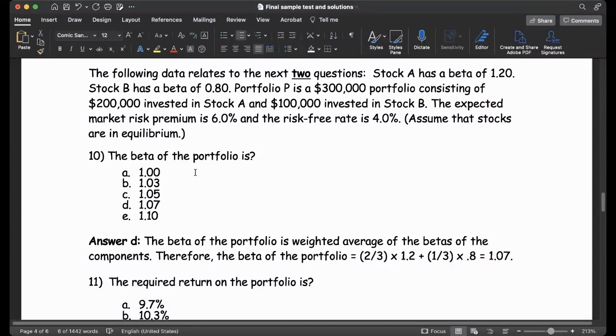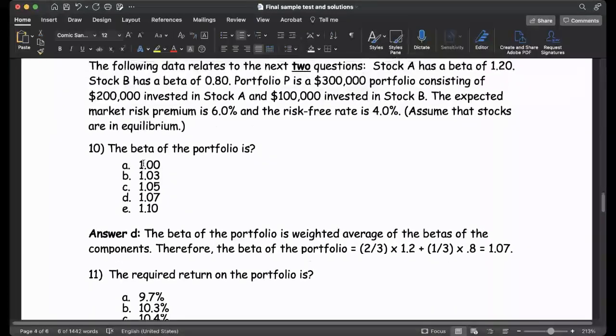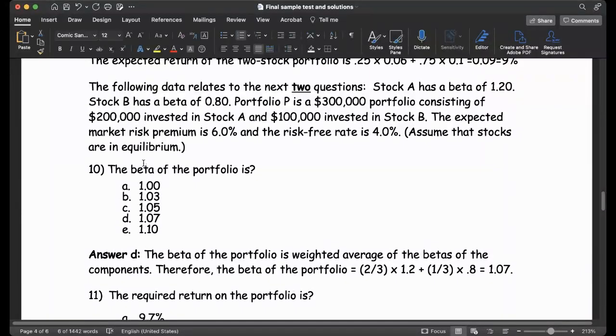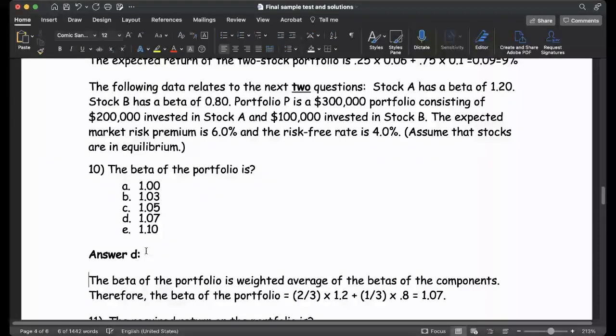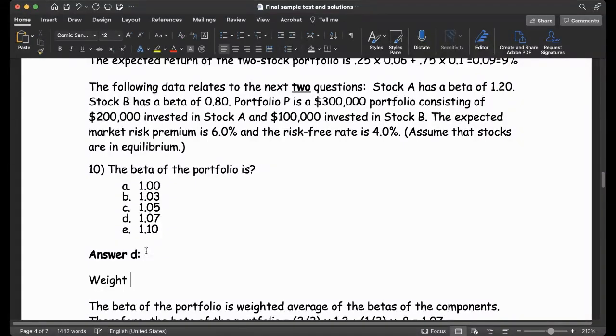Portfolio beta is similar to portfolio return, in that it can be calculated as the weighted average beta for the stocks in the portfolio. Okay, so we again first have to calculate the weights. Let me first calculate the weight for stock A in the portfolio.